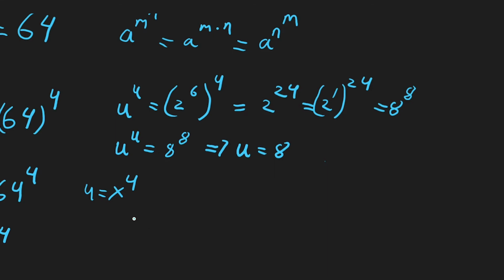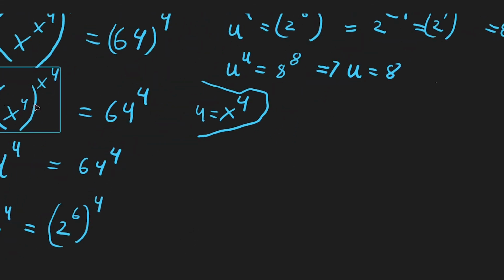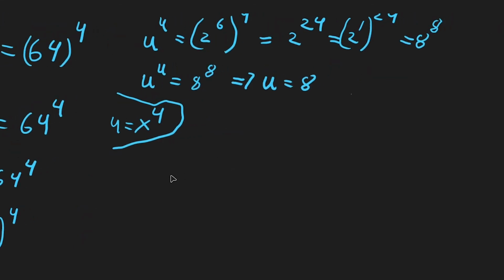And let's go further down and say, if u equals 8 and u was x to the 4th, then we know that x to the 4th equals 8, which gives us that x equals the fourth root of 8, and it can be positive and it can be negative.